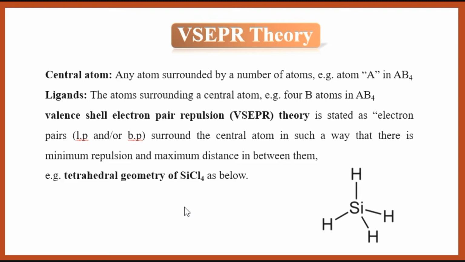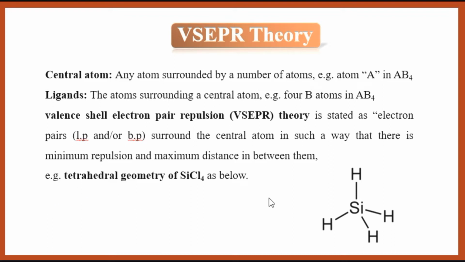Now, what is the valence shell electron pair repulsion theory? It may be stated as electron pairs, consisting of both lone pairs and bond pairs, that surround a central atom in such a way that there is minimum repulsion and maximum distance in between them.